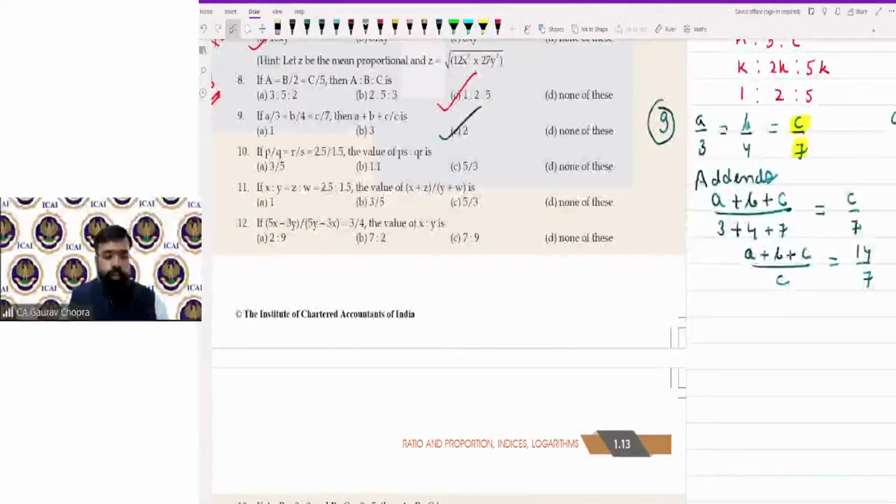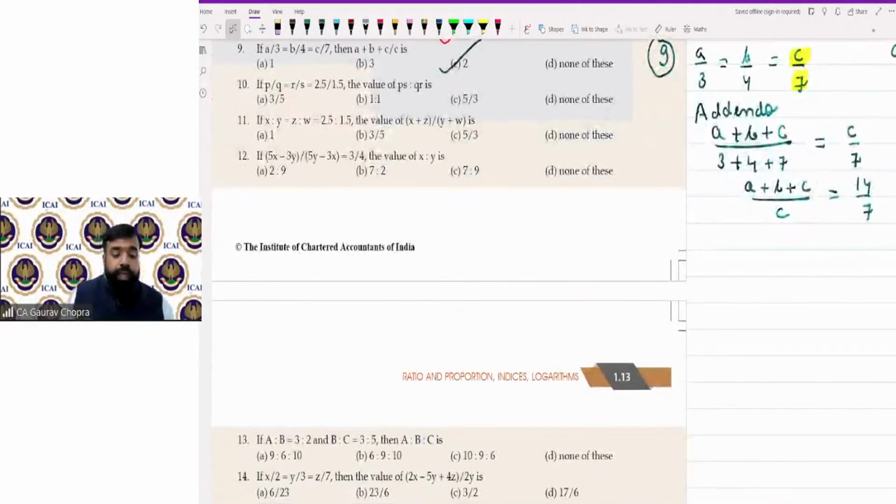Now, let's solve the 10th one. Question number 10 says P by Q is equal to R upon S, and it is equal to 2.5 and 1.5.